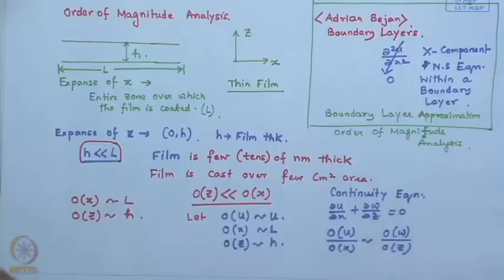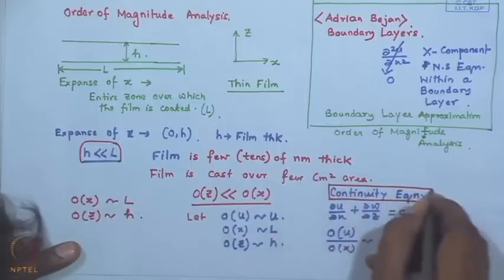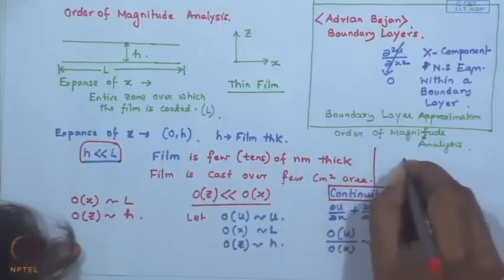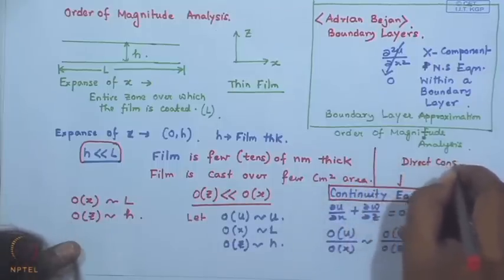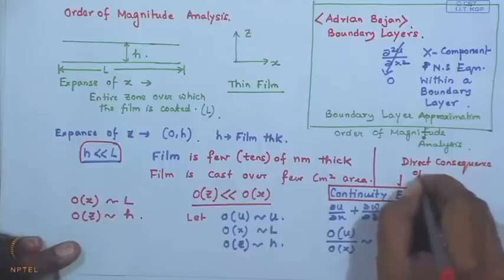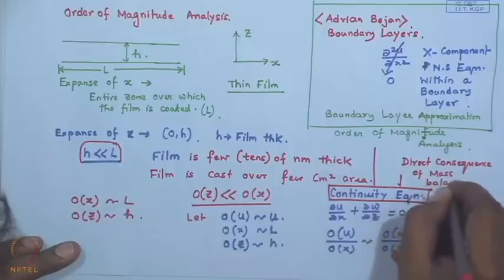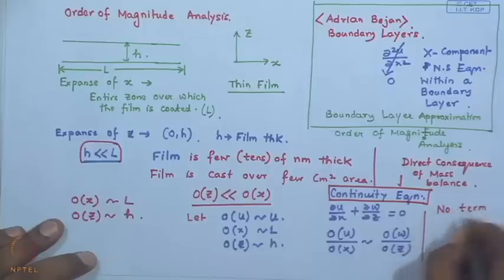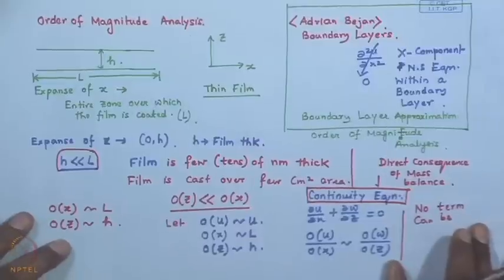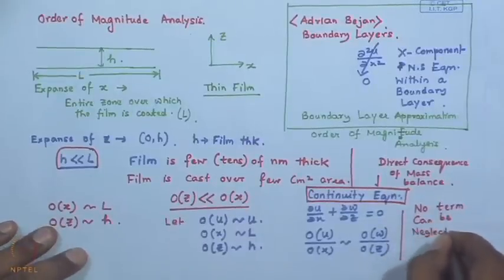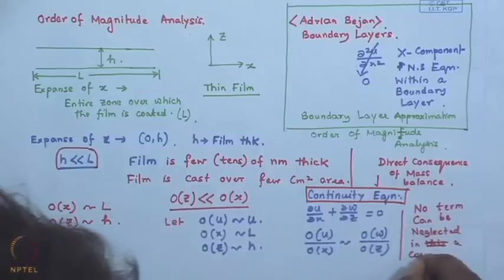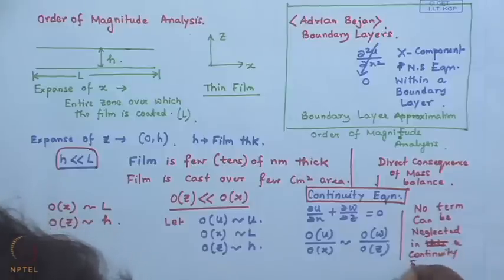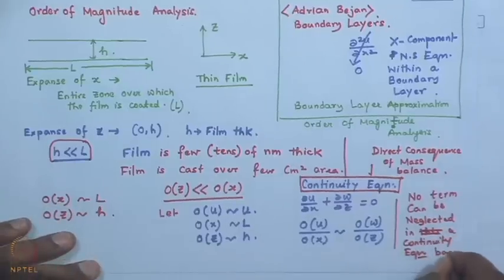Do not forget one thing, this is a simple rule of thumb, that in a continuity equation, which is a direct consequence of mass balance, no term can be neglected in a continuity equation based on order of magnitude analysis.